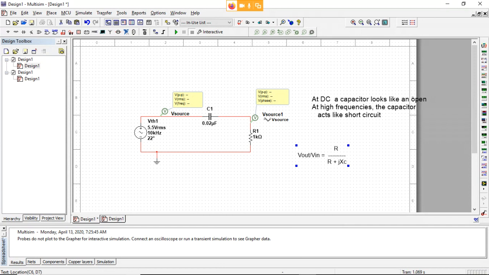Yeah, this is a question for you here. What is the value of the capacitive reactance X of C at a very high frequency? Effectively zero. Exactly, Alec. So if that's the case, you have R divided by R. What's the phase angle?